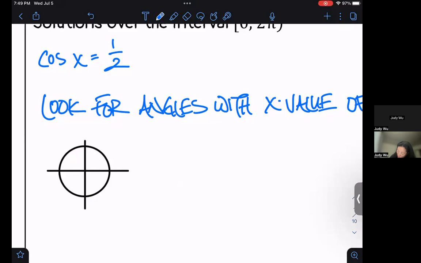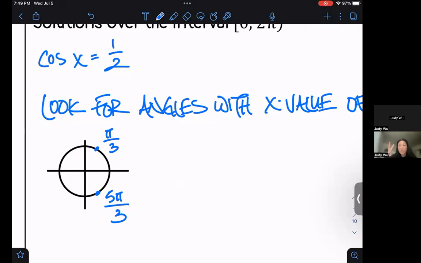Well, it turns out if we look at our unit circle, we've got one here that happens to be pi over 6. And then there's another place where we have an x value of 1/2. Oops, sorry, x value of 1/2, not y value. X value of 1/2, I'm sorry, is pi over 3. The other place it happens is at 5 pi over 3.